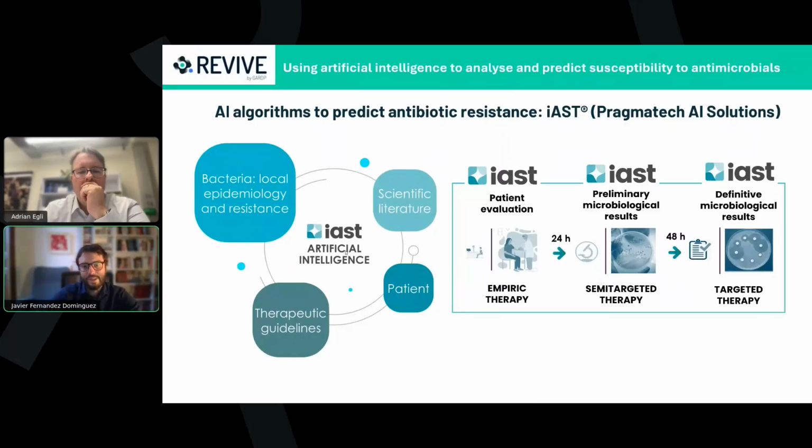We also integrate some data from patients, and a lot of data from therapeutic guidelines, because the recommendations our software gives have to be aligned with international, national, and also local guidelines. And probably the most important is that we train or fine-tune the model with data from local epidemiology and resistance. In every deployment, we train or fine-tune the model with data from the hospital's antibiograms.